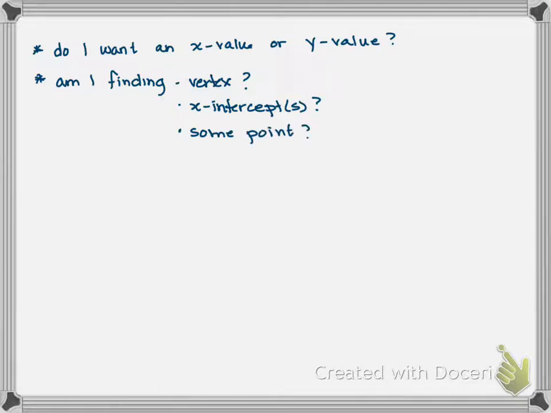Right, so the vertex would be if you see max or min. The x-intercepts would be if you're told that the output is 0. And the point would be if you're just given some input. Like the first ones we did, they just told us there were 20 rugs. That would be like the third one. Whereas when we were asked to maximize something, that would be like I'm finding the vertex.